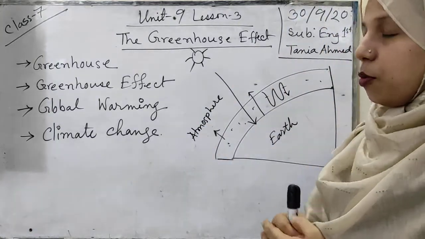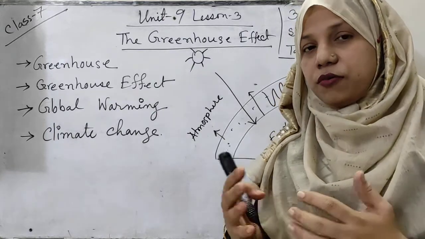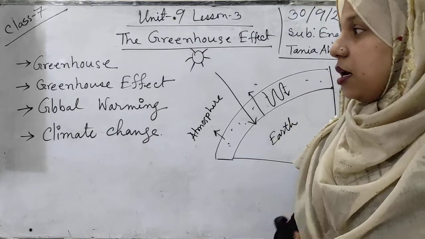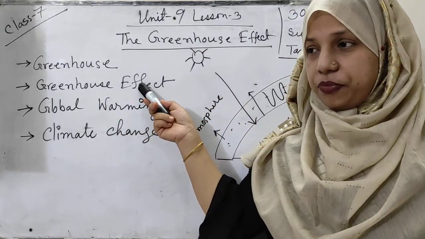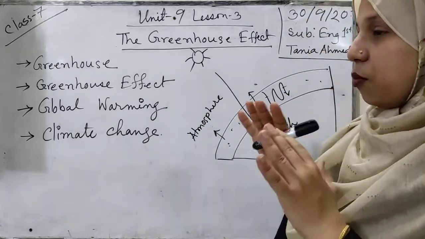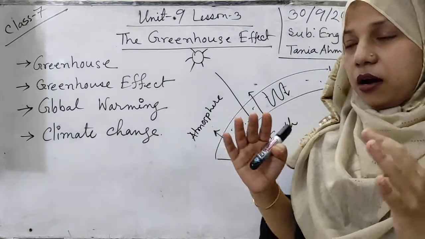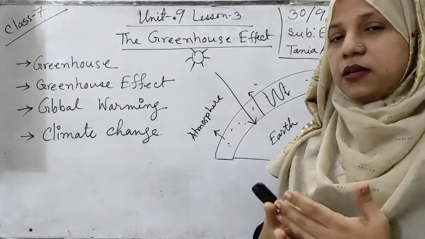Okay, so where is this greenhouse used? Actually, to grow out of season foods and also in the winter season. Now let's know what is greenhouse effect. Actually, the world is compared with the greenhouse. Our earth is getting hotter every day by the sun.